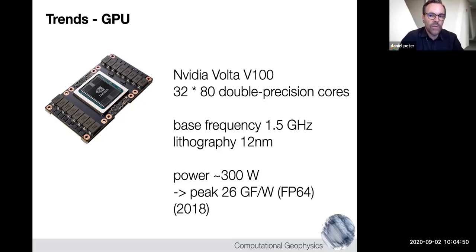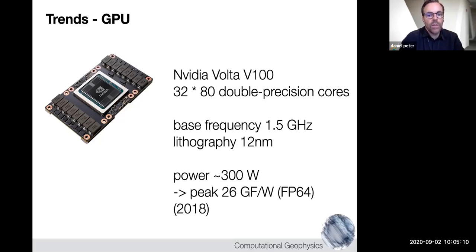You see the base frequency is lower, and the base frequency often determines how power hungry your hardware is. And in this case, actually, it's quite hungry. It's about 300 watt that this GPU needs. But it has way more cores.